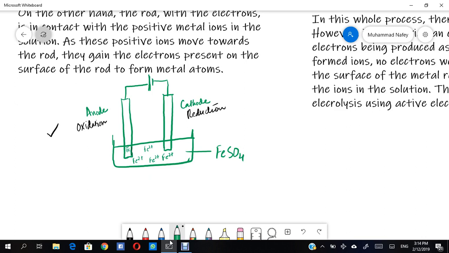Now what happens is that these iron atoms in the metal rod will lose electrons and move into the solution as iron ions. As a result, electrons are produced. But this time, electrons will not stay on the surface of the metal. Why? Because of the presence of an external circuit, they have a route of outflow. Therefore, the electrons will now move to the cathode.